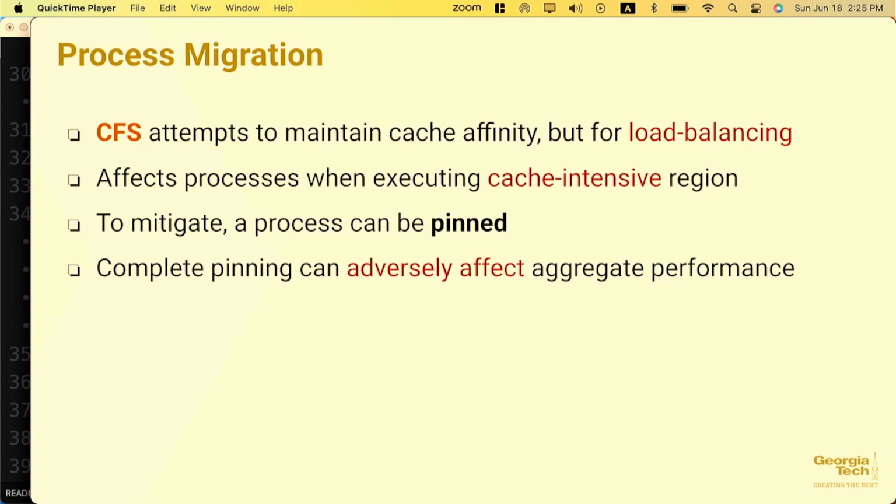To mitigate this, a process can be pinned to a core, but completely pinning a process to a core adversely affects the flexibility of the scheduler in terms of load balancing to achieve optimal or better performance for all the processes as an ensemble.